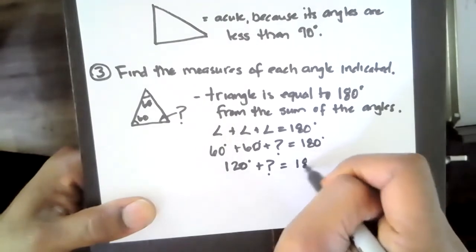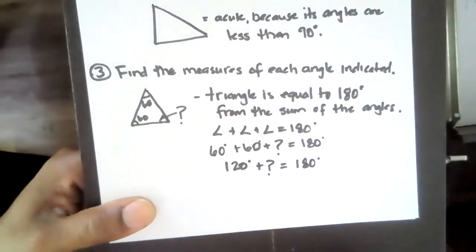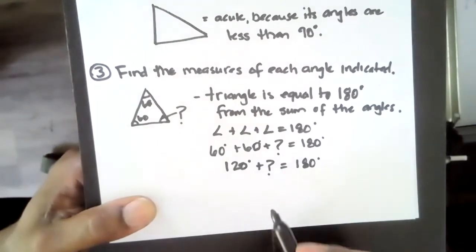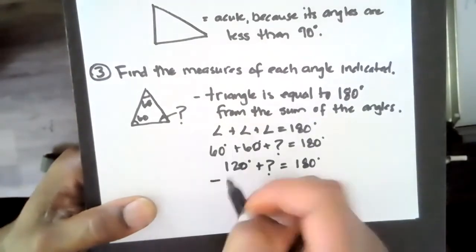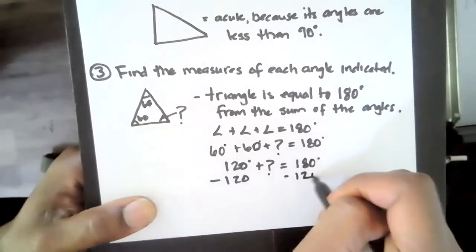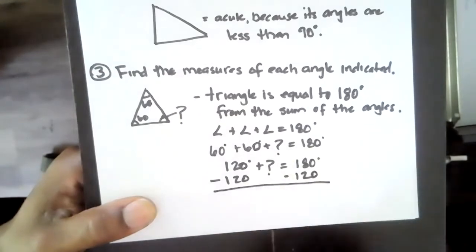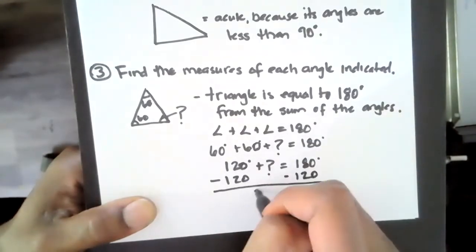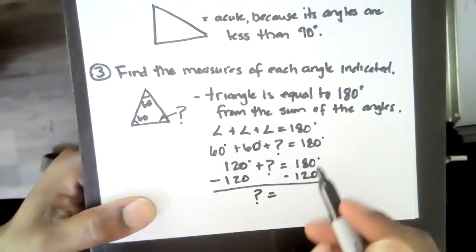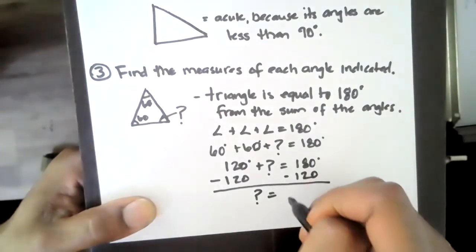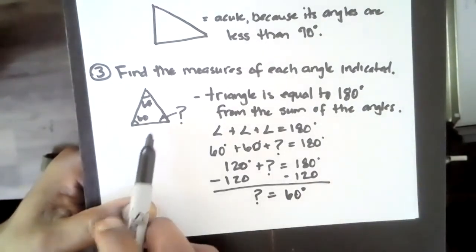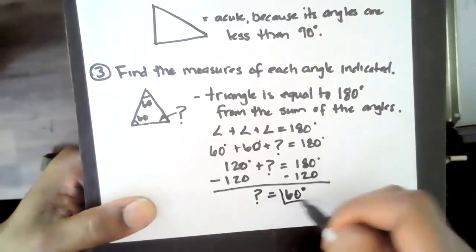So what do we have to do to find out what this angle is? We need to subtract 120 degrees from both sides, so the question mark is equal to 180 minus 120. We get 60. So the missing angle would be 60 degrees.